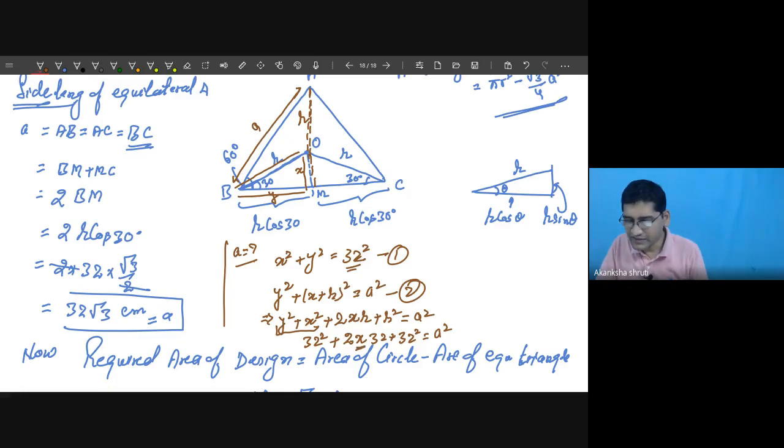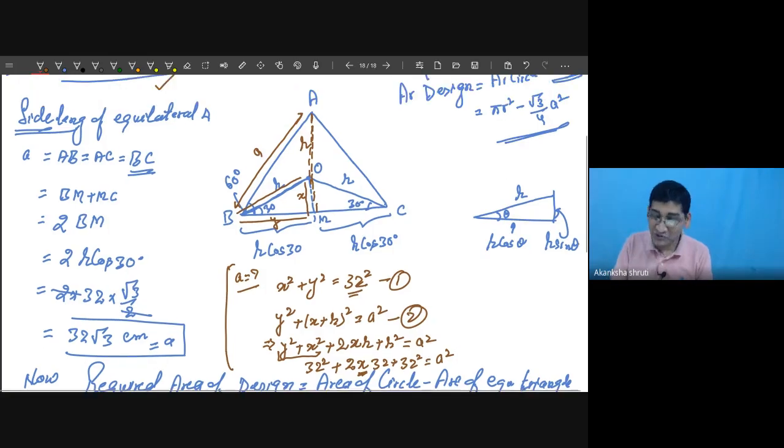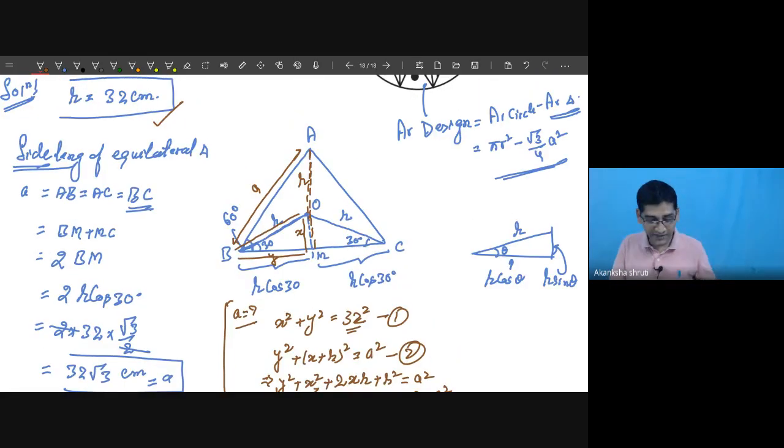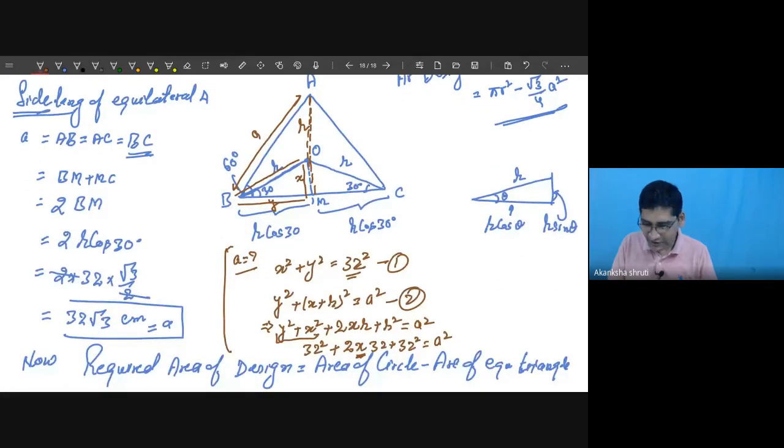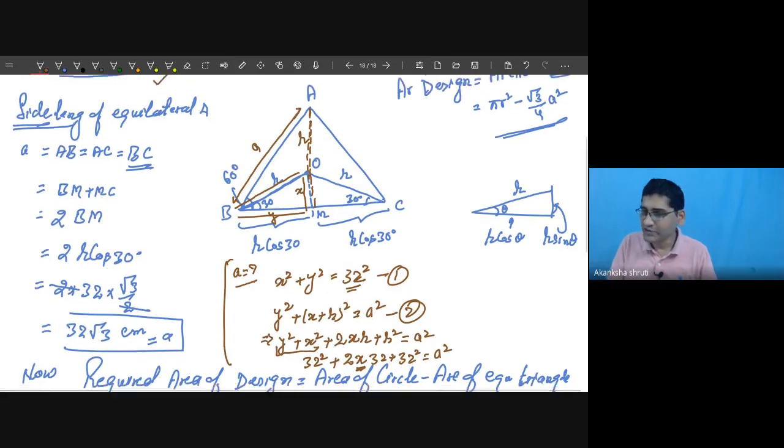So here x is there. Why I am telling you, if you people start applying this Pythagoras theorem blindly, then you may get trapped. That's why to make you understand easily, I have taken the help of trigonometry, and this trigonometry makes this thing very convenient. So adopt the method of trigonometry or prefer the method of trigonometry rather than going for this Pythagoras theorem.